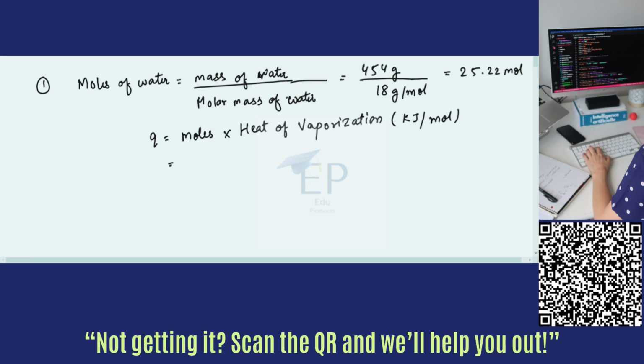So this will be given by Q equals 25.22 into 40.7 kilojoule per mole. So 40.7 kilojoule per mole is given in the problem, that is heat of vaporization. So this will give us the final answer as 1026.54 kilojoule. Here it is, this is heat, right?